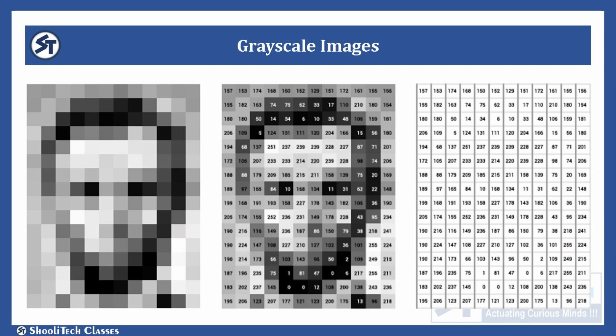Intermediate shades of gray are represented by equal brightness levels of the three primary colors. A grayscale image has each pixel of size 1 byte, having a single plane of a 2D array of pixels. The size of a grayscale image is defined as the height into width of that image.